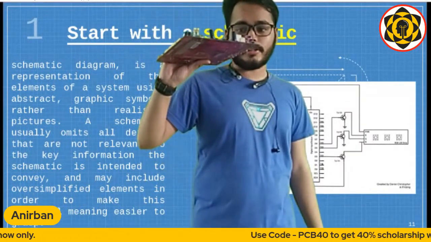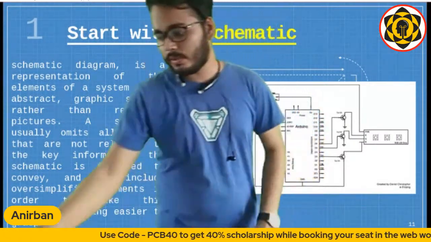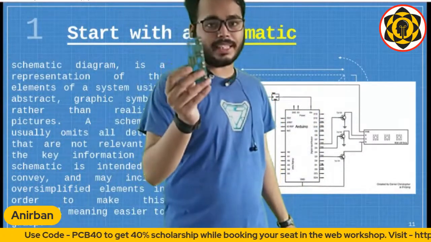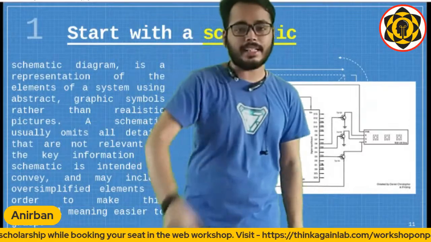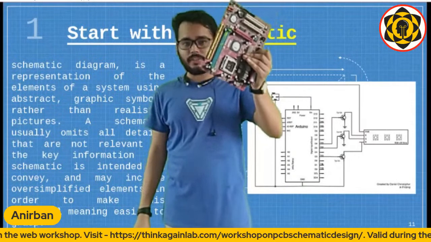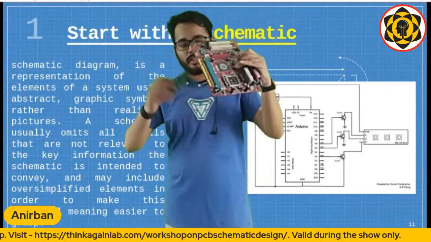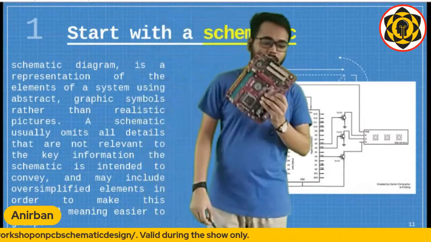You can say it's the highest point of PCB design. While this is a double-sided PCB, almost the lowest, simplest PCB design, this is the height of complication. So it has like 5 or 6 layers, with communication happening between these layers as well. So yeah, this is pretty complicated.